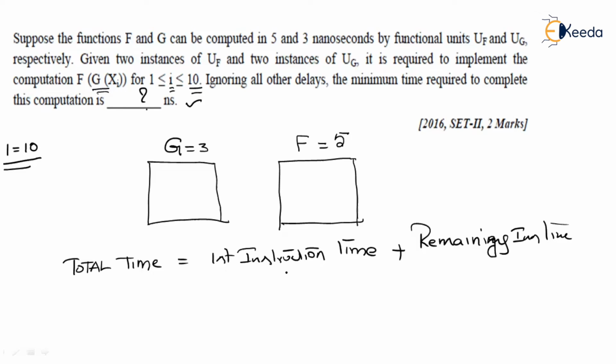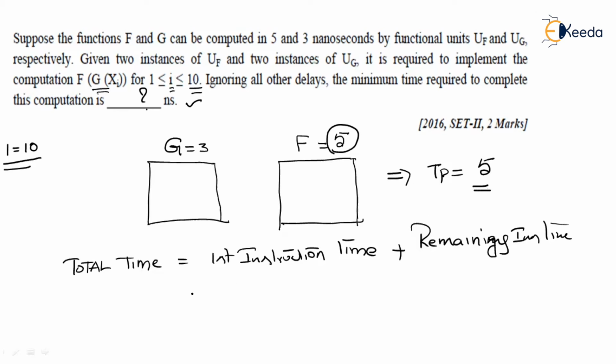Because the first instruction is going to consume the total clock cycles, but the remaining instructions will take only TP number of clock cycles. Here you can clearly see TP is equal to 5 nanoseconds. What is TP? TP is the maximum stage delay. Maximum stage delay is 5 nanoseconds here. So TP is equal to 5.